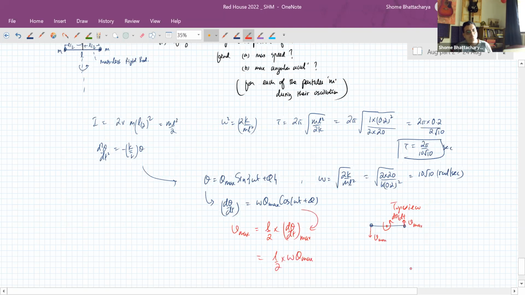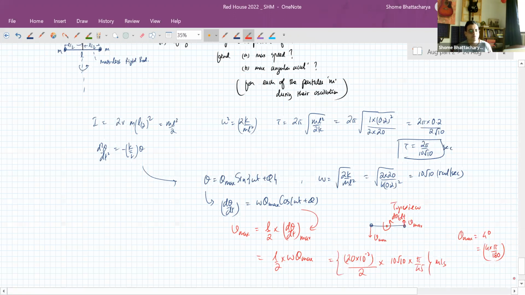Okay, so it is 20 into 10 raised to minus 2 by 2 into omega, which is 10 root 10, into now this theta max was 4 degrees. So we convert it to radians, into pi by 45. So this answer that we get will be in meters per second.